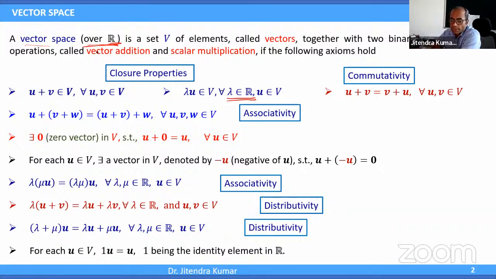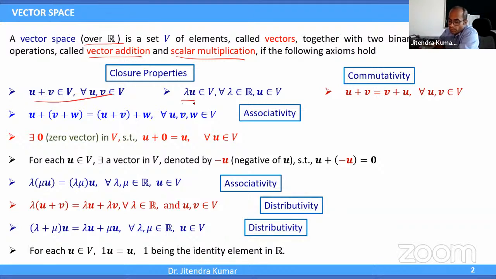So this is a vector space over R, and this R is important. We are considering the set of real numbers, vector addition, and scalar multiplication. These three things we need in order to define the properties of this special set, which we will be calling a vector space. The first property we have discussed.